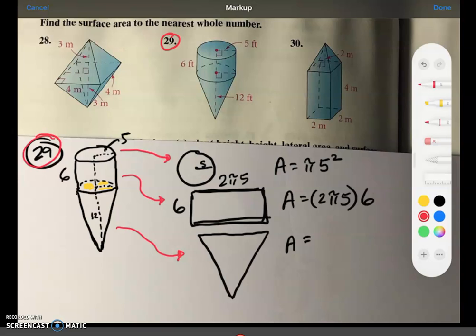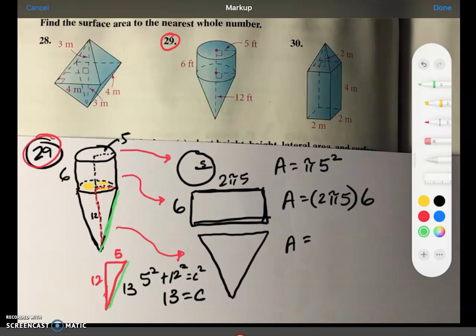Now, before you go off and just use the number 12, this 12 is not on the surface, but we are going to see a right triangle here, and we're going to want to figure out what this slant height is here, and I guess I'll highlight it here in green. Of course that means a squared plus b squared is equal to c squared, and to save us time here, I know that answer is 13.